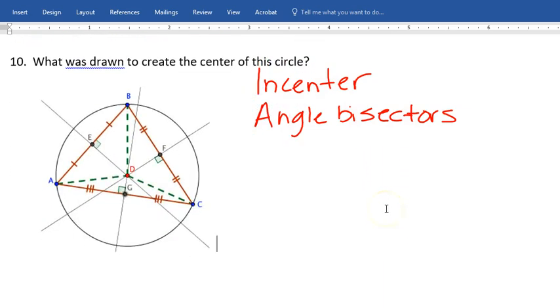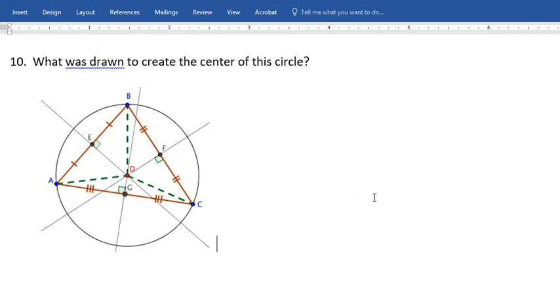Then when we go down here and look at number 10, on this one, again, is the circle inscribed or circumscribed? This time the circle's outside the triangle, so it's circumscribed. That means the center here is a circumcenter. And this question actually was, what was drawn to create the center of this circle?